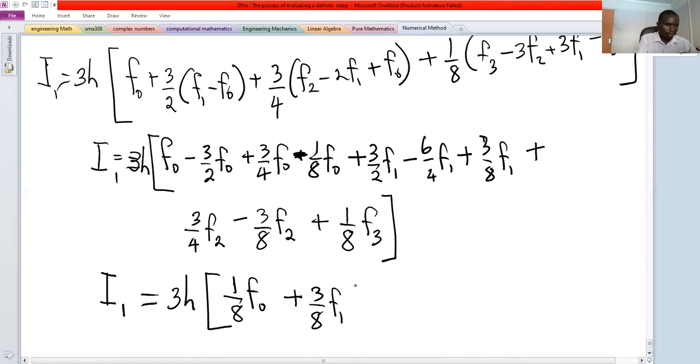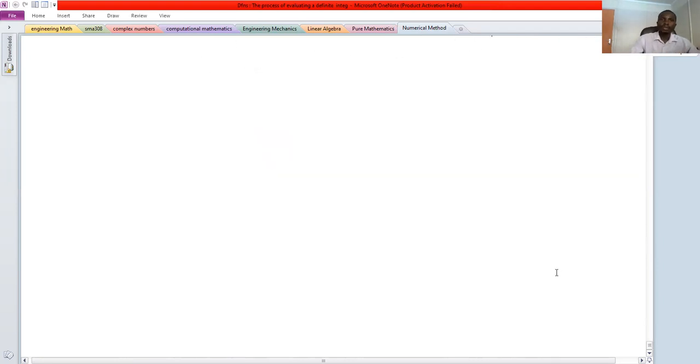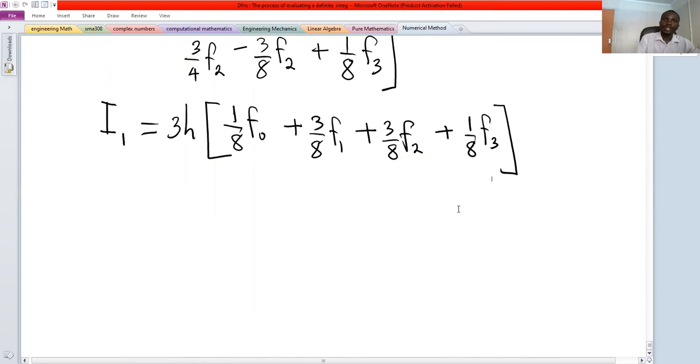Then for F2, 3/4 minus 3/8, I get 3/8 F2, plus 1/8 F3. So what we do now, we factor out 1/8 because it's on each term here.